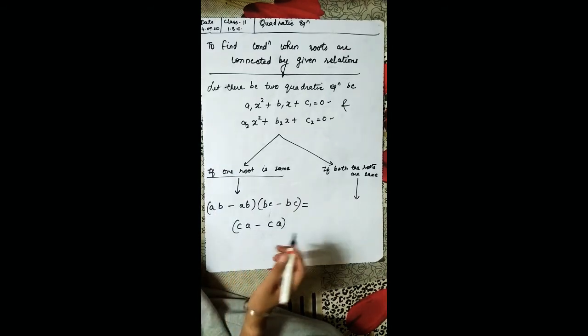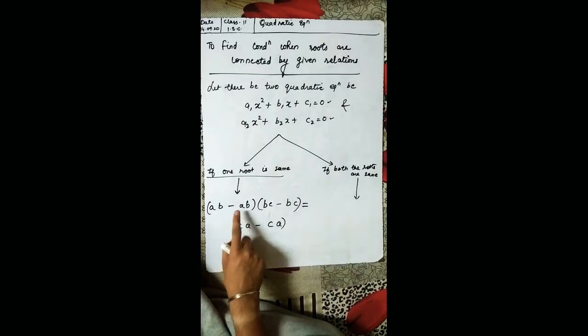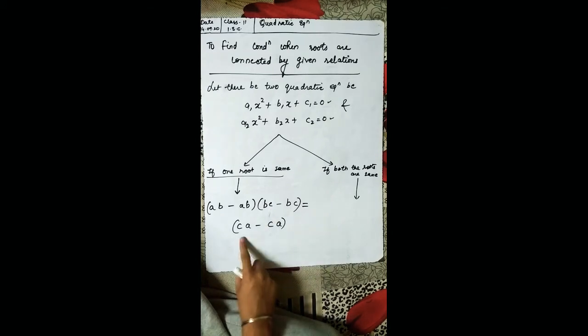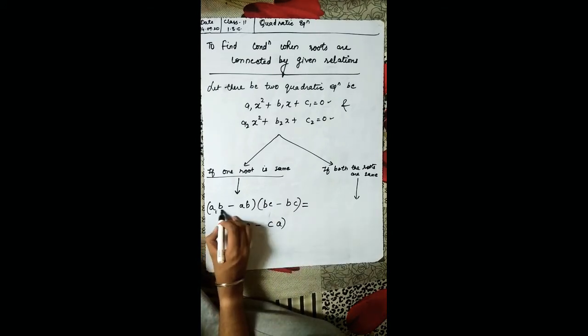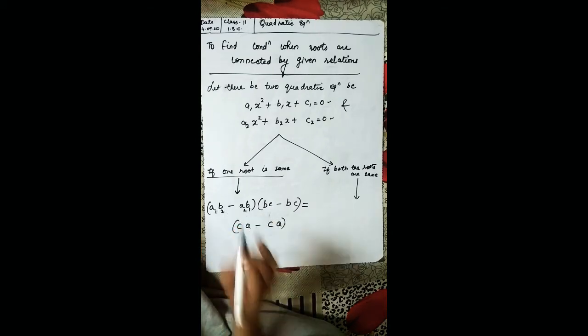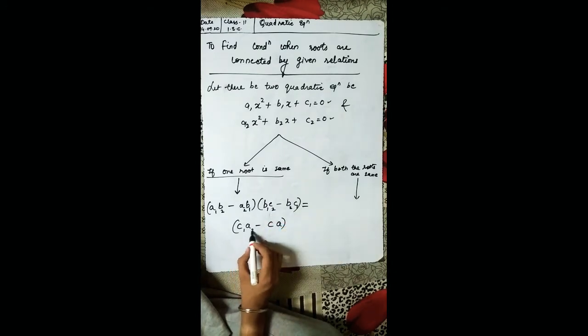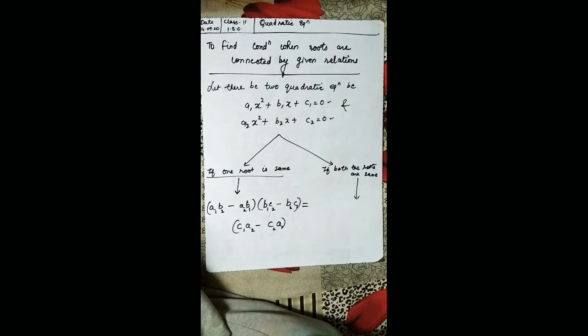First write AB, AB, BC, BC and CA, CA with 1, 2, 2, 1, 1, 2, 2, 1, 1, 2, 2, 1.